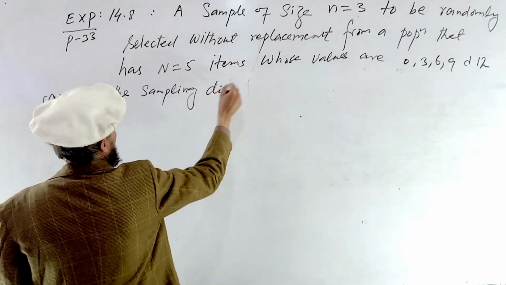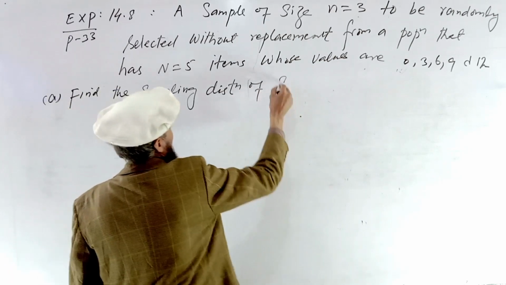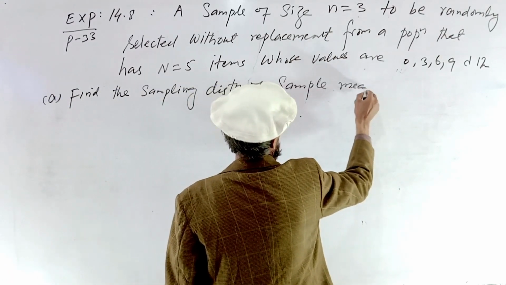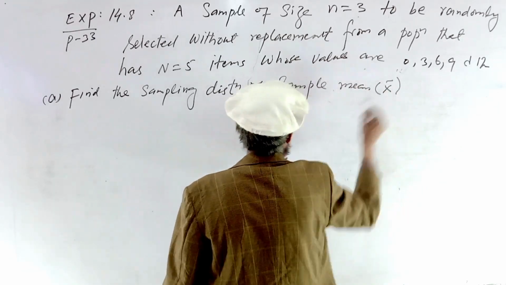In part A, find the sampling distribution of the sample mean X bar.